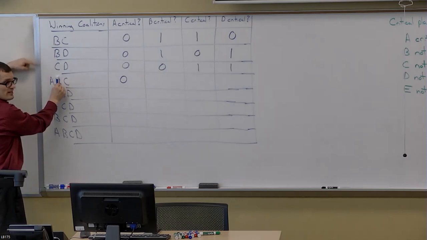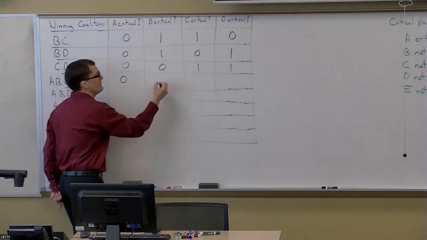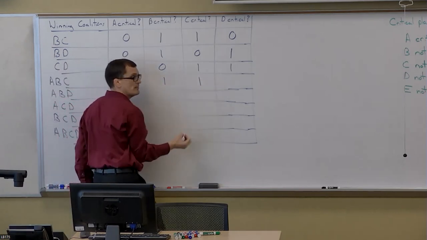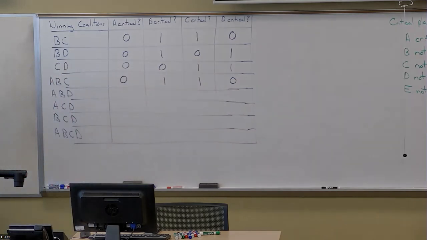It's not, I already listed them out. If I drop C, AB is not a winning coalition. So both B and C are critical to that coalition. Everybody okay with how I'm doing this? I know I'm going through pretty quick.